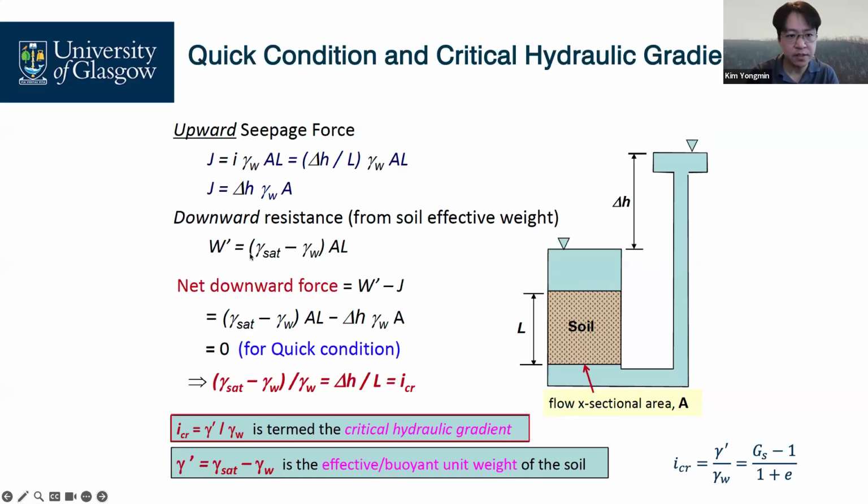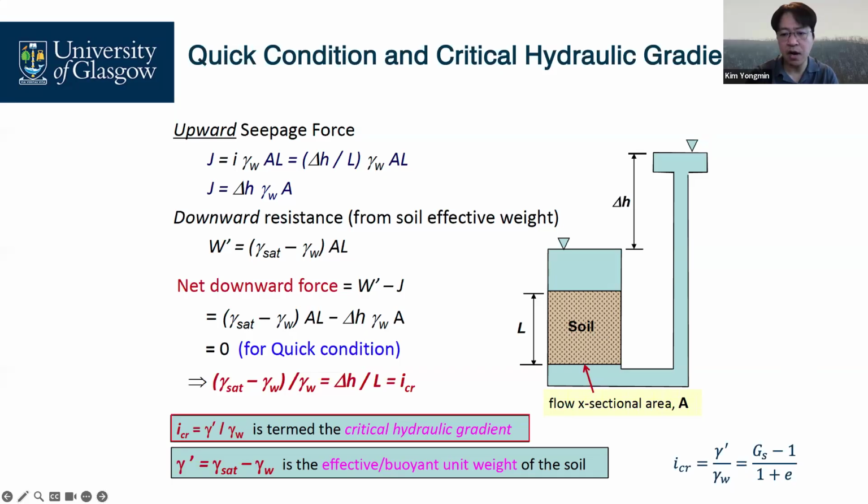This effective stress, the self-weight, should be greater than the upward seepage to secure the soil body's stability. If this upward seepage force increases and exceeds the soil's effective stress, no effective stress will remain.